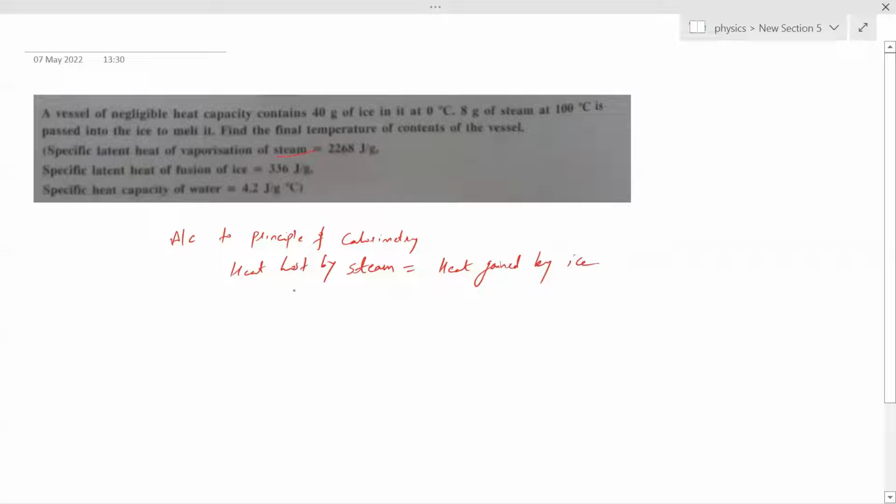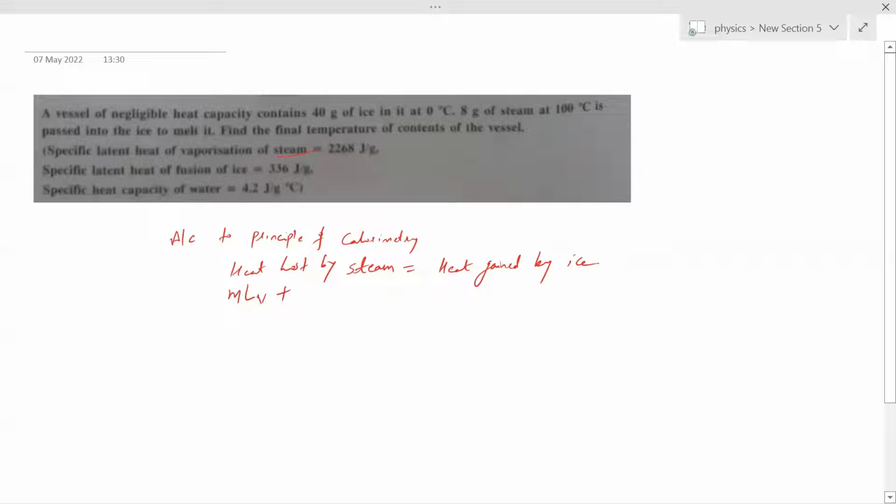Okay, what should I write as the next step? First write this step: m L_V plus L_F, m into L.